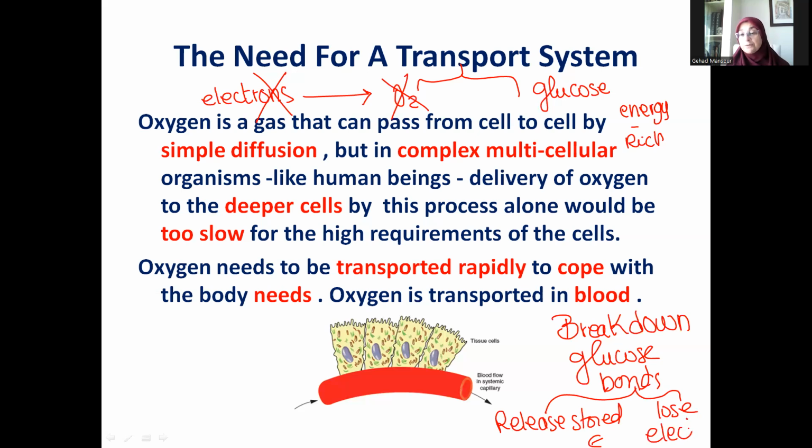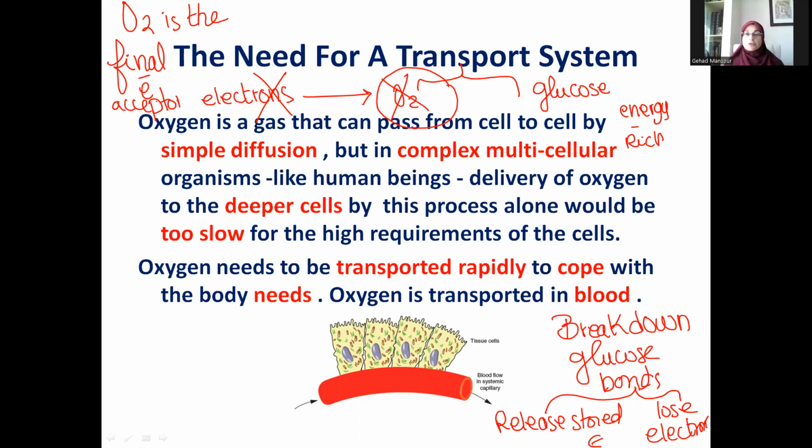These electrons have to be accepted or caught by a molecule, by an electron acceptor. Otherwise, they would return to the glucose molecule and we wouldn't be able to extract the energy from glucose. So the presence of oxygen in the mitochondrion is important because oxygen is the final electron acceptor in the process of cellular respiration, the final electron acceptor.